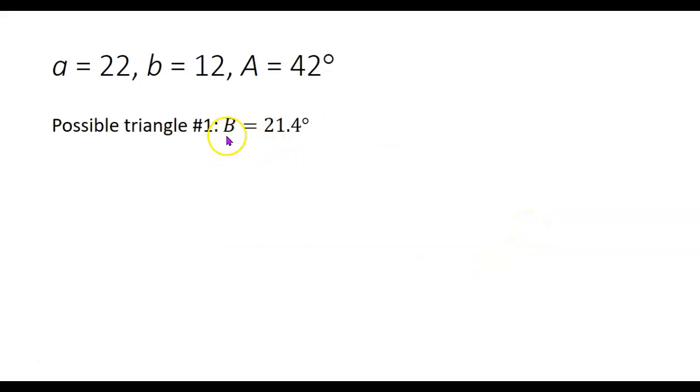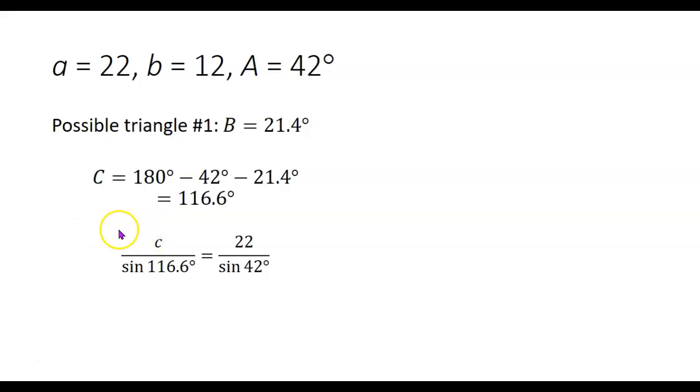Okay, possible triangle number one is where B is 21.4 degrees. Then C is 180 minus 42 minus 21.4, which is 116.6 degrees. We have two of the angles. We know all three have to add up to 180 degrees, so that's how we get the third.